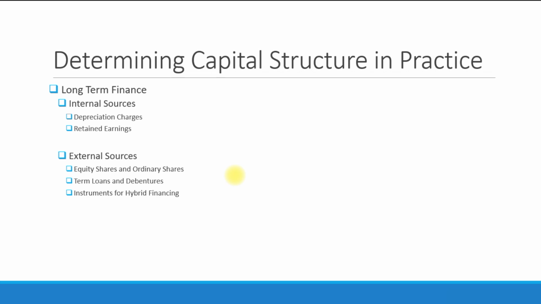Now, next is term loans and debentures. Term loans are also known as project finance or term finance. The primary sources are financial institutions like IDBI, ICICI, and IFCI, which provide loans to corporates. In a limited way, commercial banks also provide term loans.